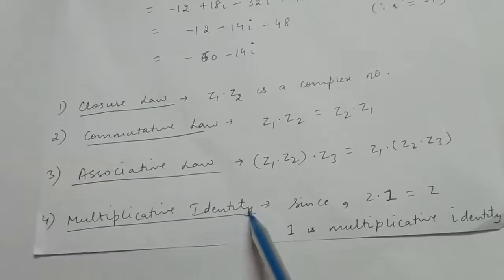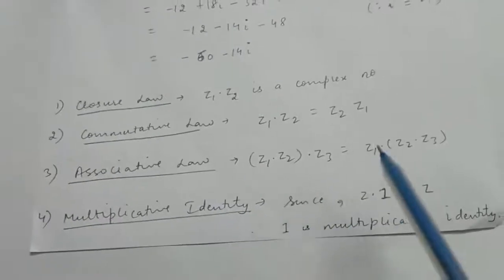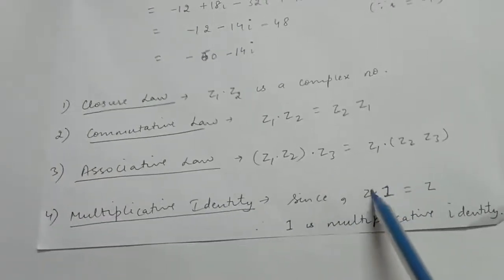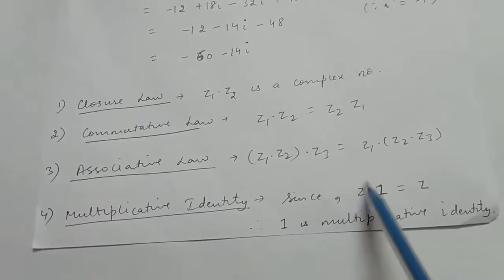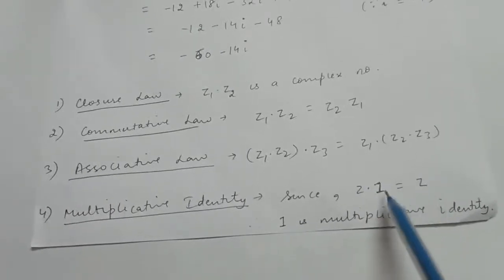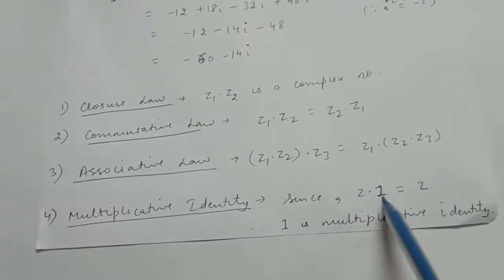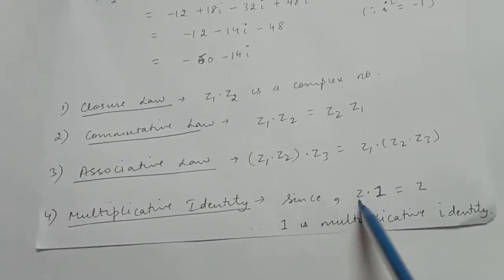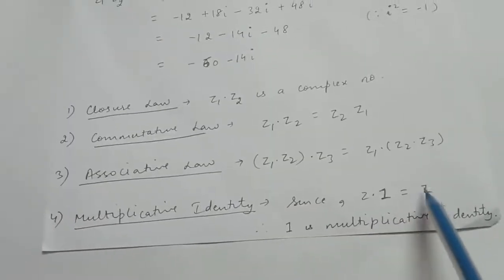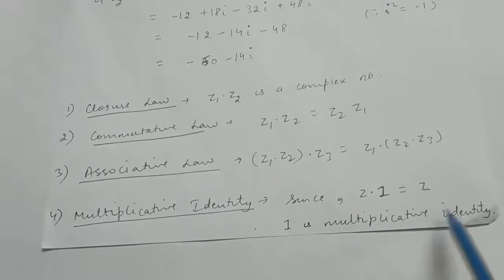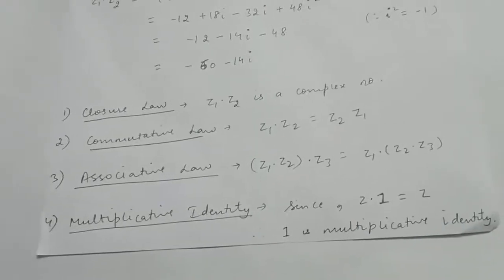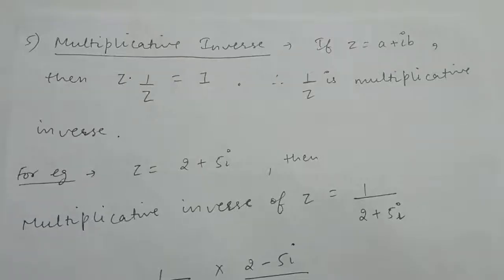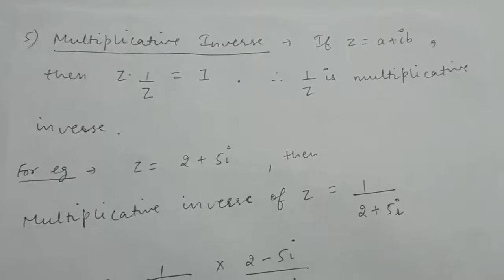Then multiplicative identity, that is that number which gets multiplied with any complex number gives the same number. So 1 is that number when you multiply 1 with any complex number, then you will get the same. So 1 is the multiplicative identity, right? Multiplicative inverse of the complex number.